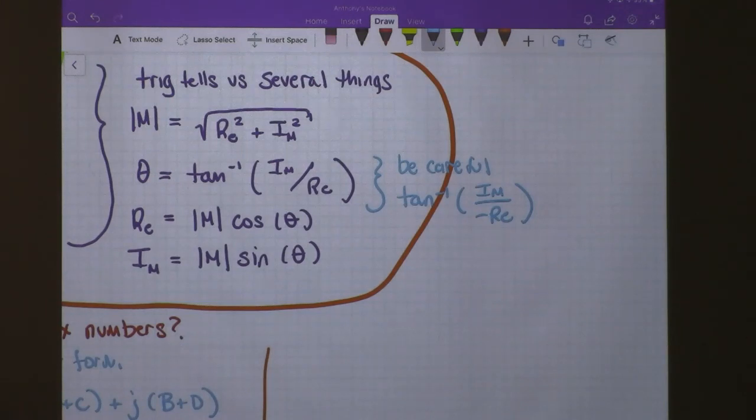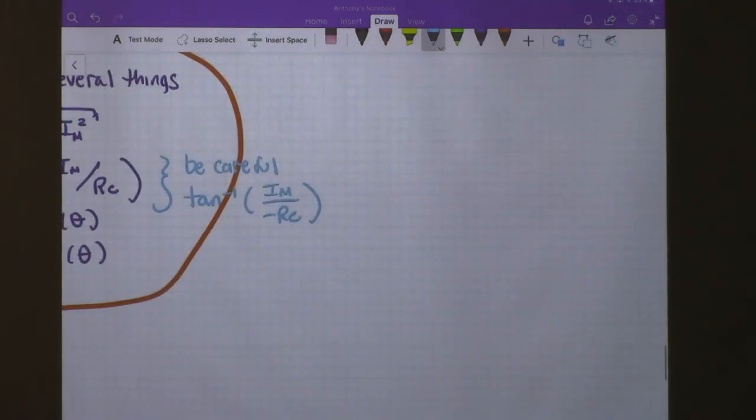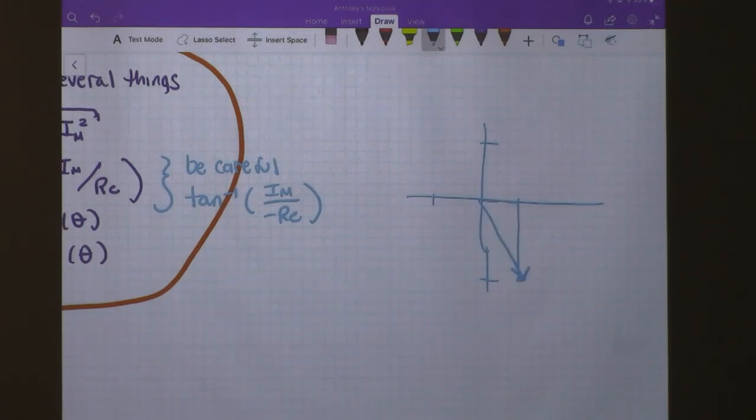Okay, but those are two different angles, right? So +1, -3 is down here. -1, +3 is up here.